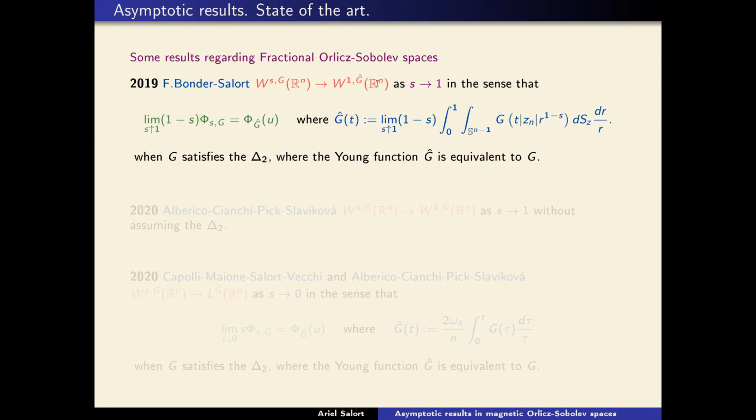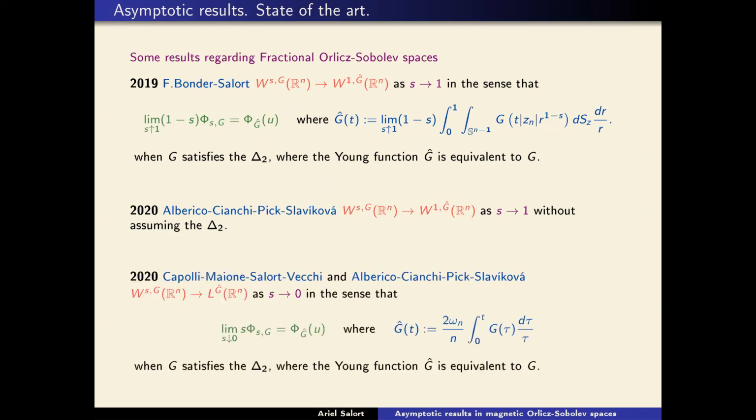This result was proven when the function G satisfies the delta 2 condition, so when the function G has a bound in terms of some power function. Then this result was generalized by Alberico, Cianchi, Pick, and Slavíková in 2020, where they proved the same result without assuming the delta 2 condition, for a more general set of functions G.